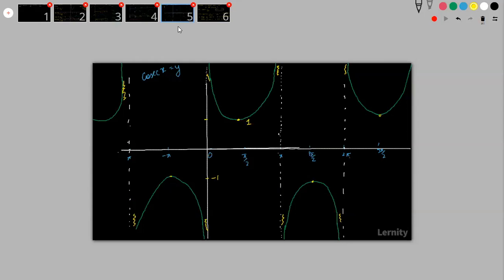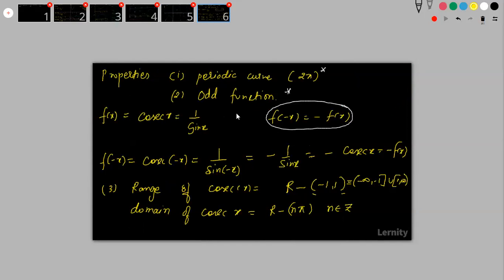Fine. First, the graph part is okay for everyone, because I have explained the graph using tan, and we have done the same thing using tan. So first I will check what the domain is.